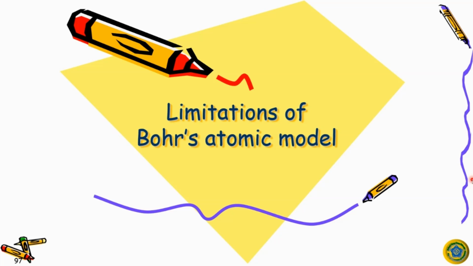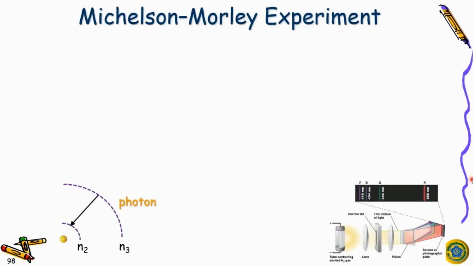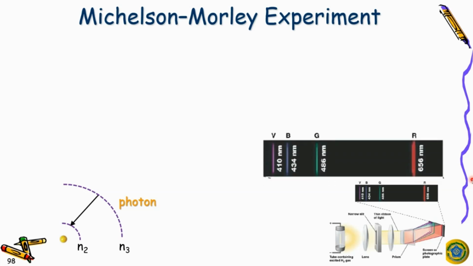Anyway, right, so now let's talk about the limitations of the Bohr atomic model. This is very important. This is the Michelson-Morley experiment. They found something wrong with the Bohr atomic model, because when they did the experiment in detail, they found this red line is not a single red line.